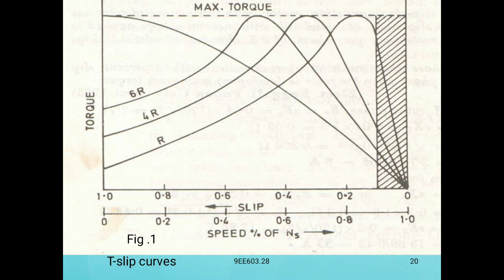At the starting, the slip is 1 and the speed is 0. For resistance R, the torque at the starting is Tst.